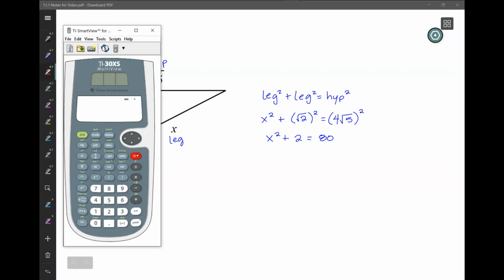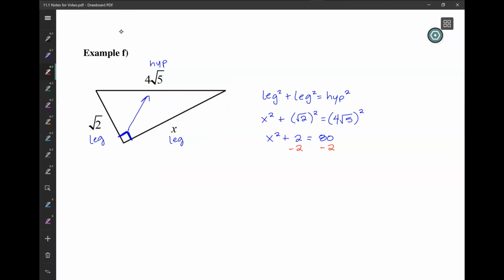All right, so I want x squared by itself, so I'm going to subtract 2 from both sides. Again, if you're trying to figure out a leg, you're going to be subtracting. So 80 minus 2 is 78.